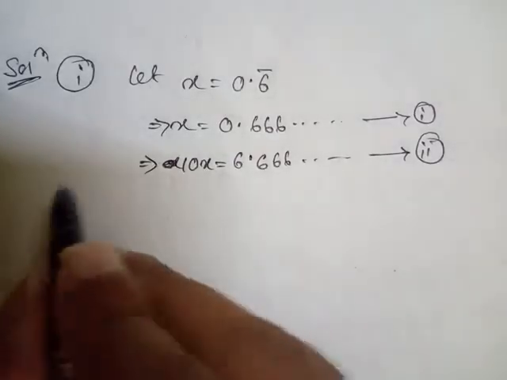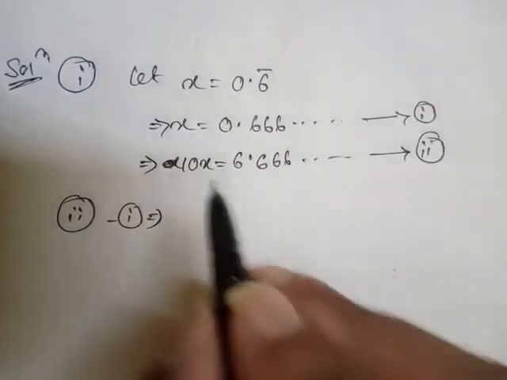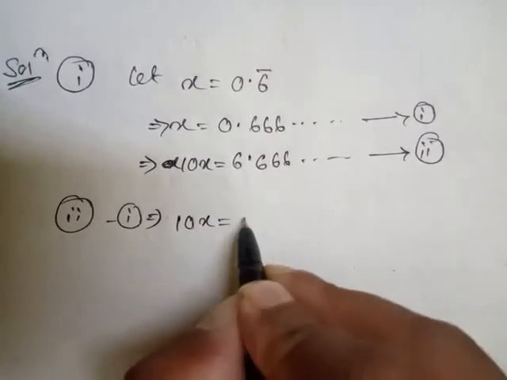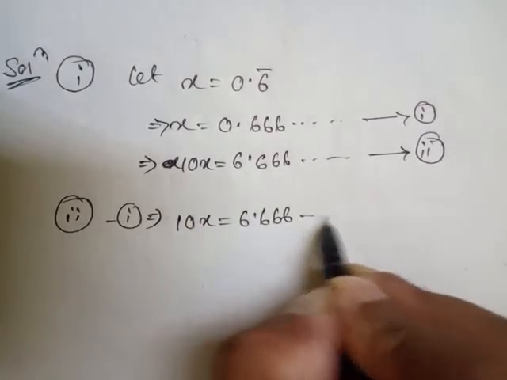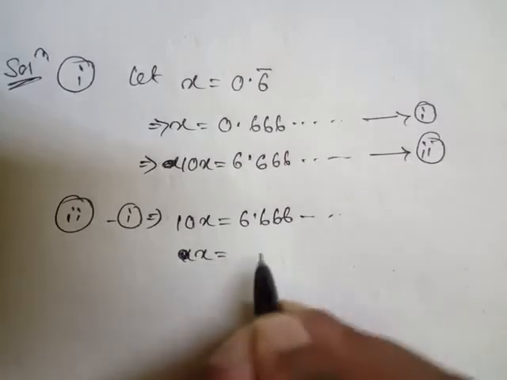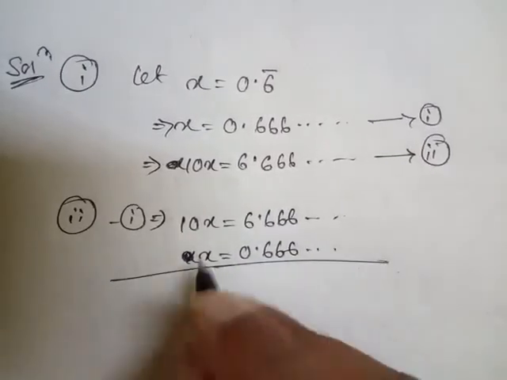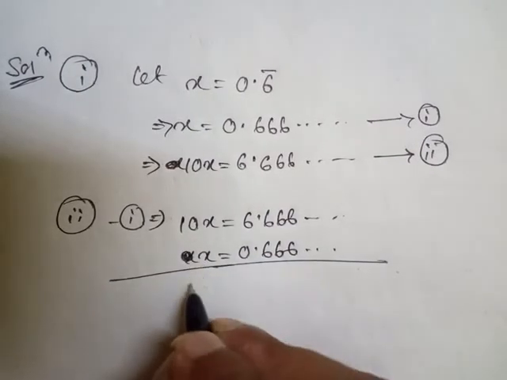Now if I subtract equation 1 from equation 2, then 10x equals 6.666 repeating, and x equals 0.666 repeating. After that, 10 minus 1 is 9, so 9x.